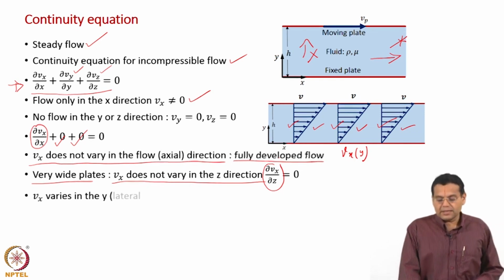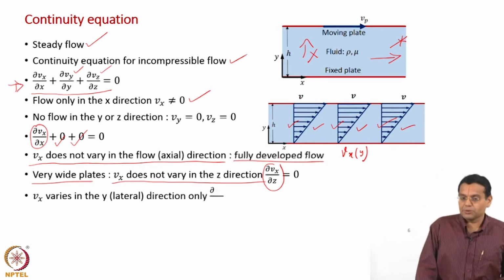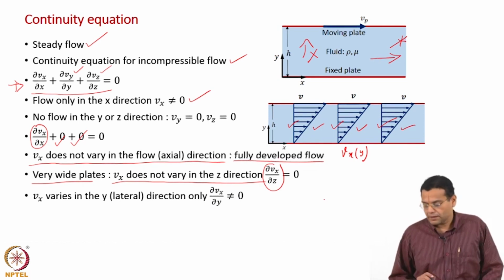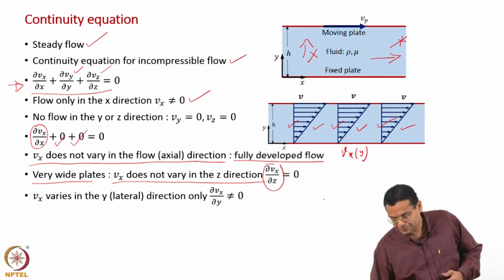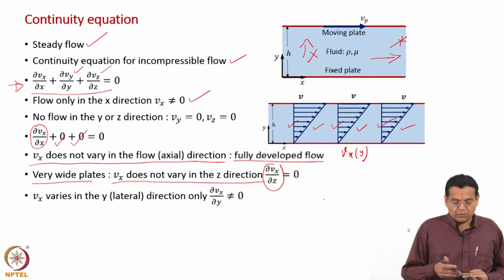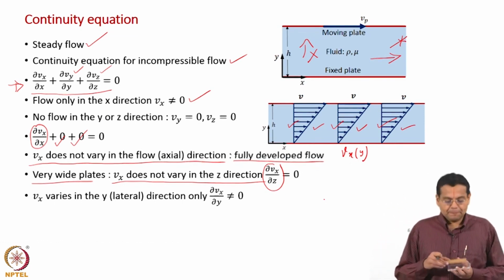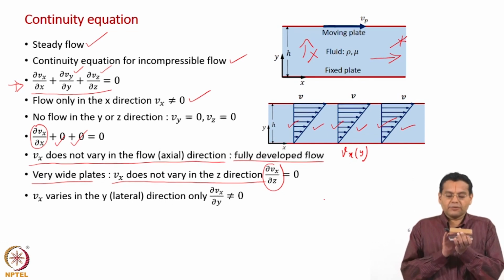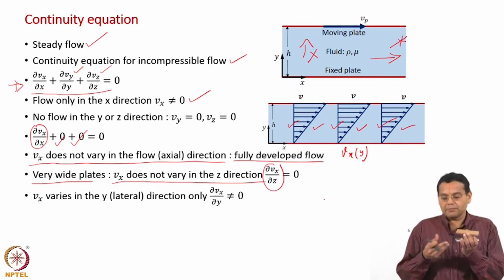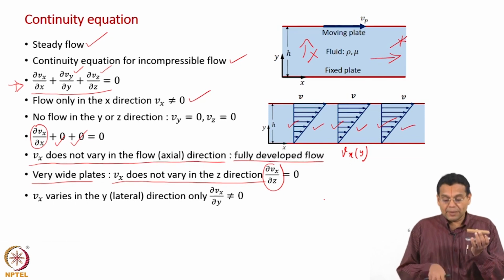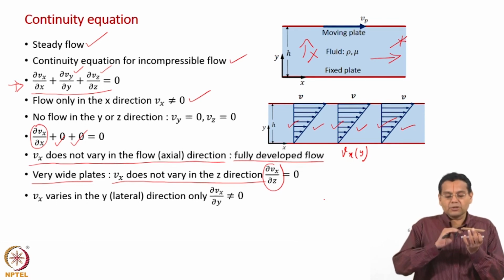Now, what does it leave us with? Let me show that. What do we infer from all this? We said Vx of course cannot vary in the x direction based on the continuity equation. Now, based on this assumption, we are saying that Vx is assumed not to vary in the z direction.